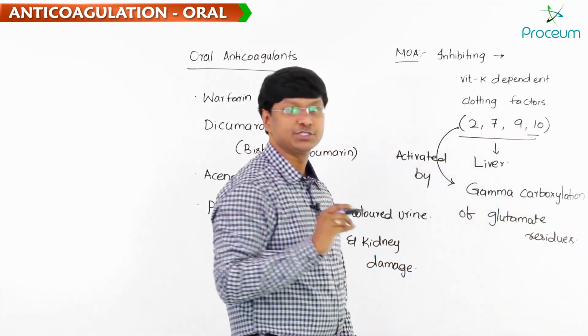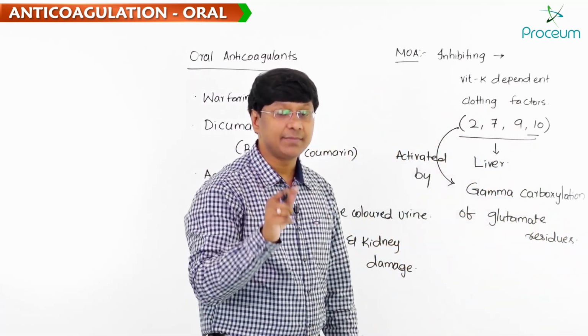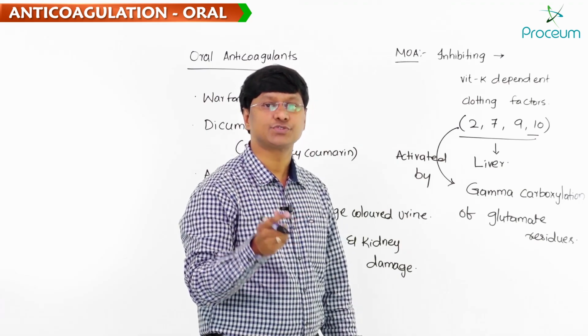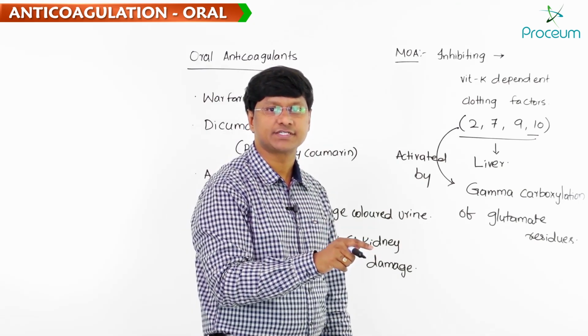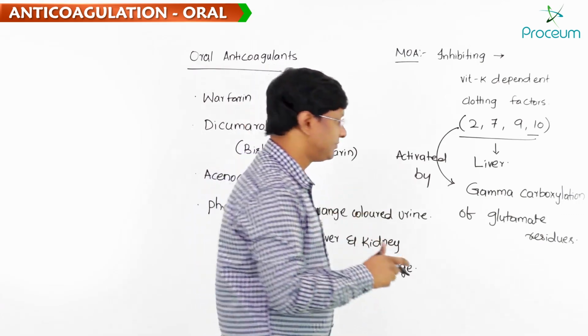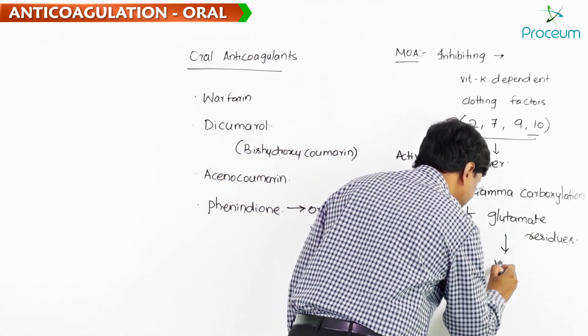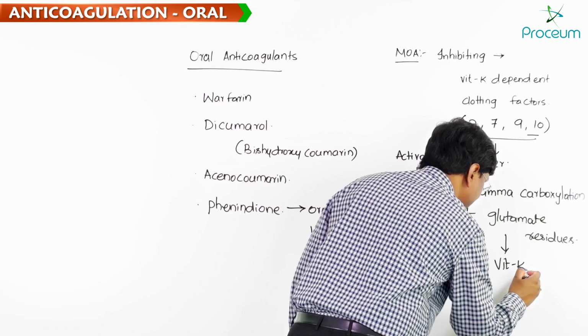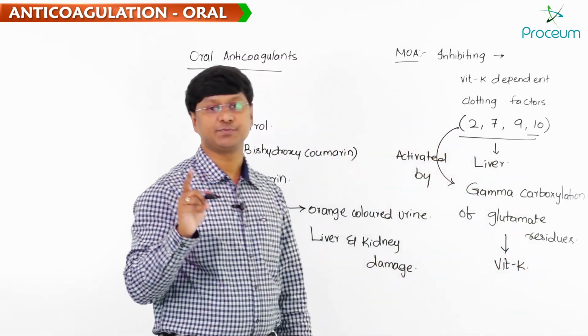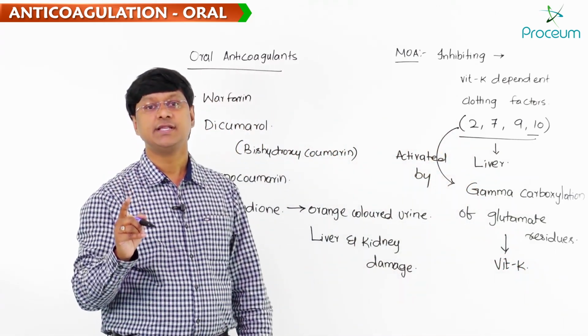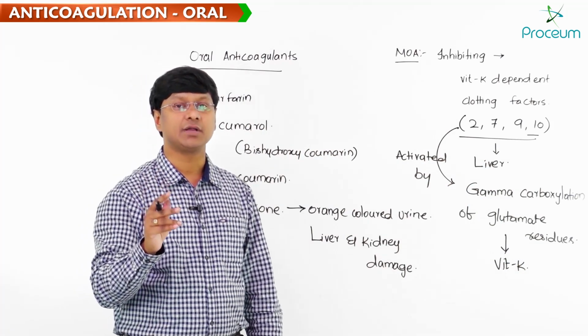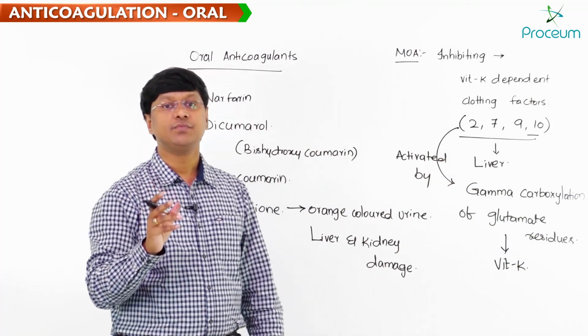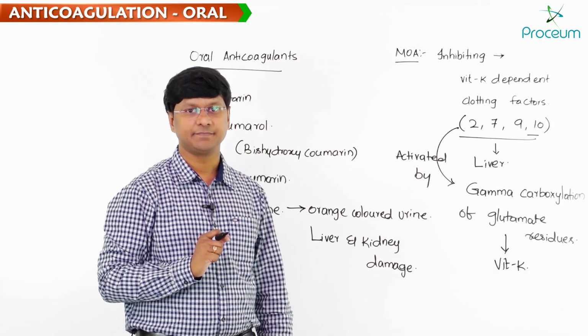This gamma carboxylation of glutamate residues of these clotting factors will be done by vitamin K. So remember this point: these factors are synthesized in the liver and activated by gamma carboxylation of glutamate residues with the help of vitamin K.